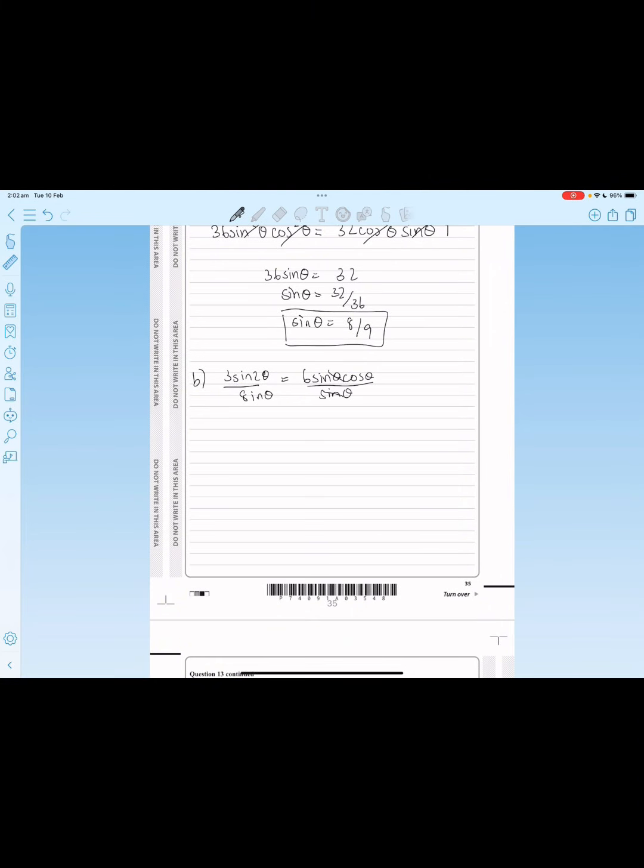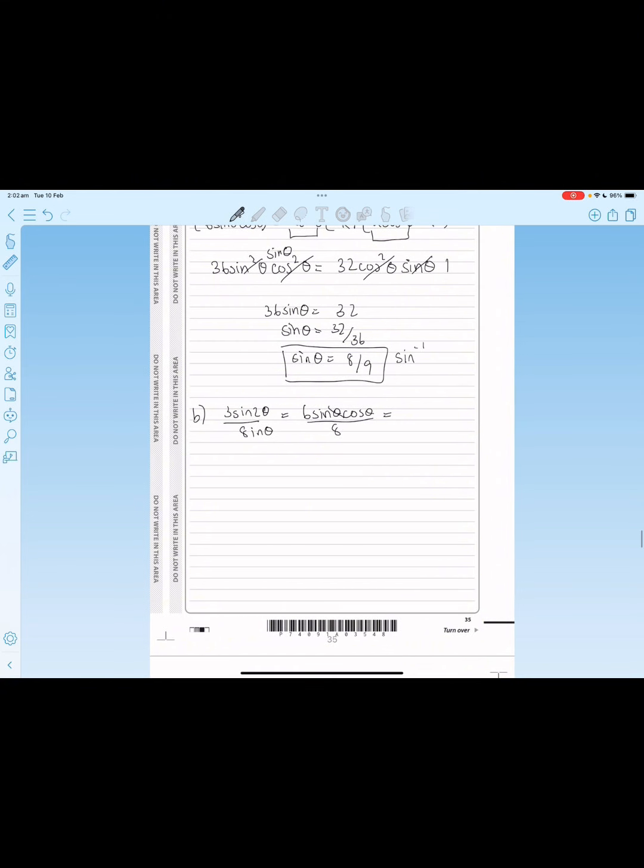So you're left with 6 cos theta over 8. And you could do sine inverse of 8 over 9 to give me 1.0949. So just do 6 cos 1.0949 divided by 8 and you get your answer to be 0.344. Mod R is less than 1, hence your S to infinity does exist.